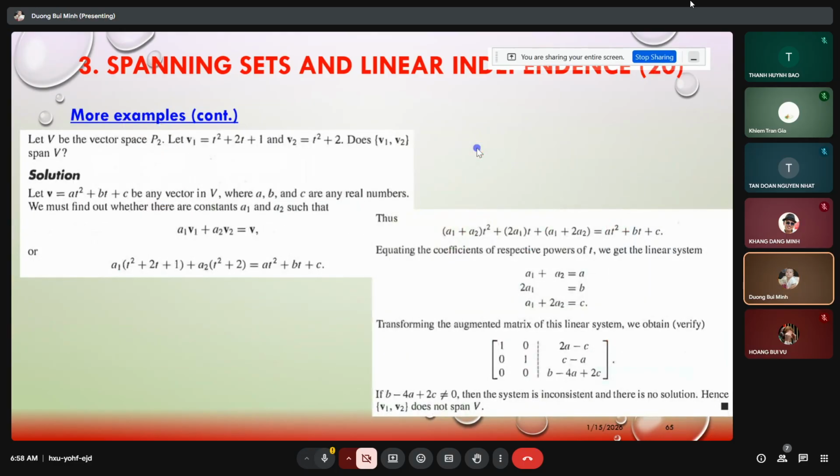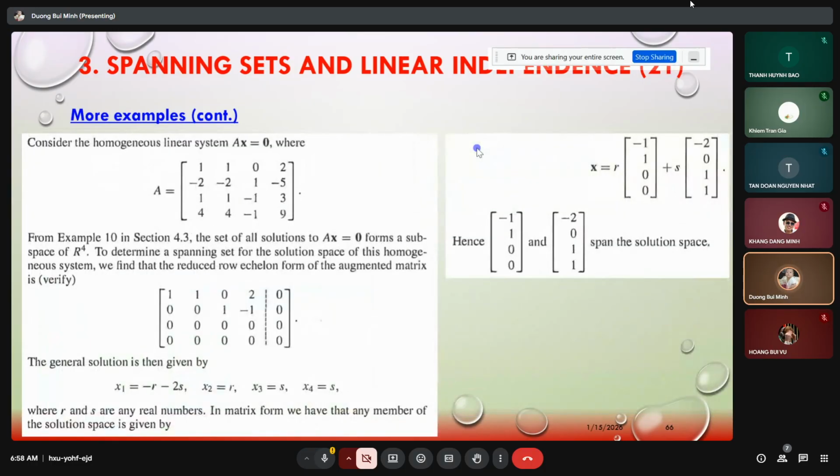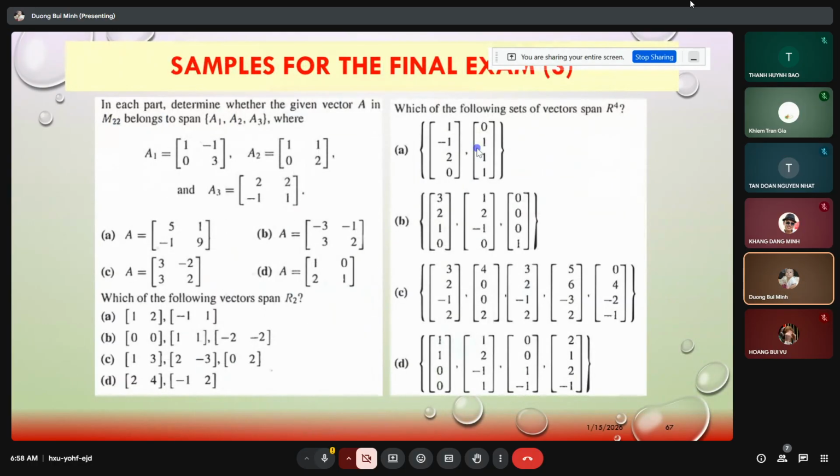So we have many examples. This one is for your reference, samples for the final exam. For example, in each part, determine whether the given vector A in M22 belongs to the spanning set A1, A2, A3.